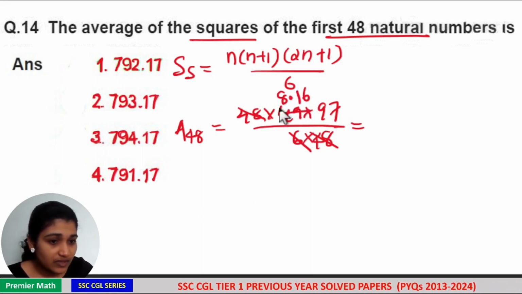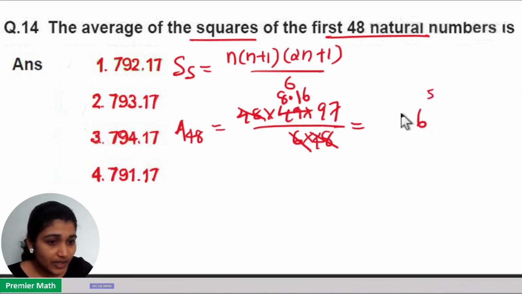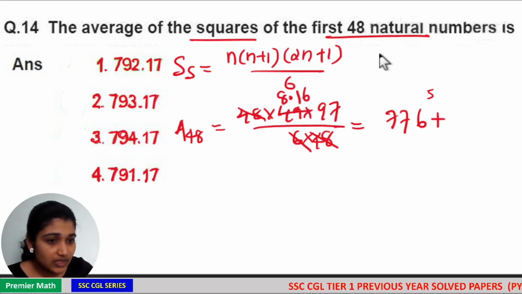So 8 into 97 means 8 into 7 is 56. Remaining 5. 8 into 9 is 72 plus 5 is 77. So 776 plus 0.16 into 97.